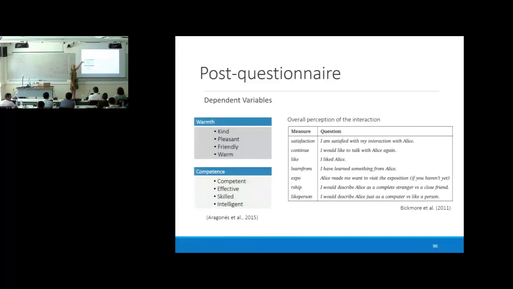So even though we manipulated only the warmth condition, we asked them to fill in the competence questions as well. It allows us to get information on how the 2 dimensions are viewed with respect to each other.